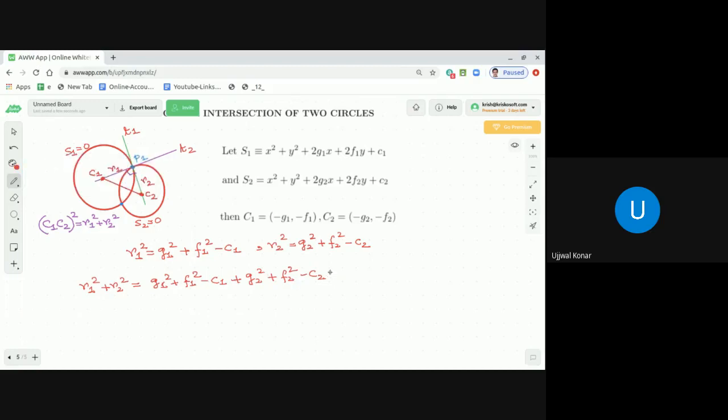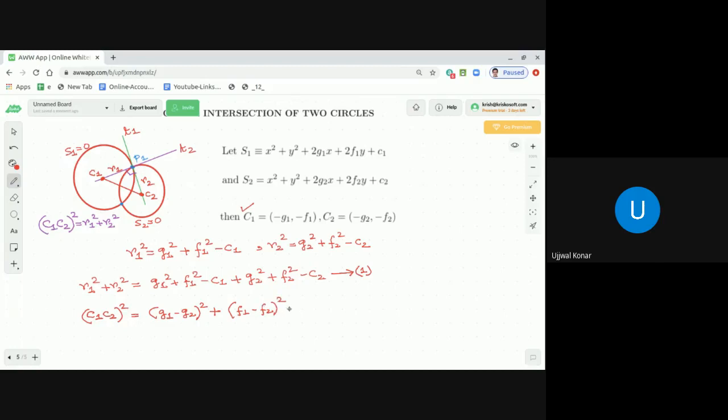Now let's call this equation 1. And we are going to find what C1 C2 whole square is. We know C1 is minus G1 comma minus F1 and C2 is minus G2 comma minus F2. So C1 C2 whole square is G1 minus G2 whole square plus F1 minus F2 whole square.